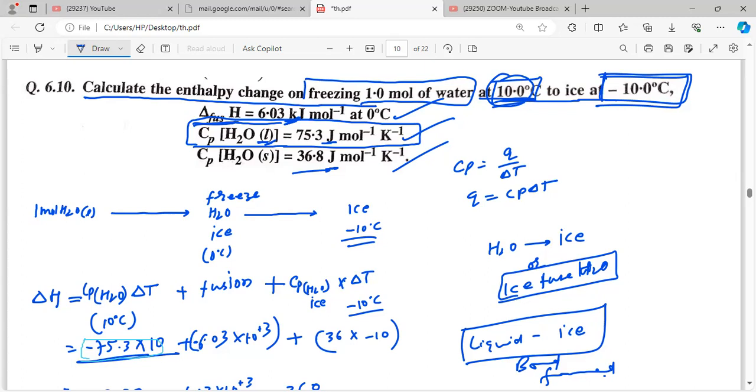When ice forms, heat is going to be released, because here this is converting to ice. Okay, what they have said in the book, you see: 6.03, and this is negative terms. Yes, they have taken the positive only.